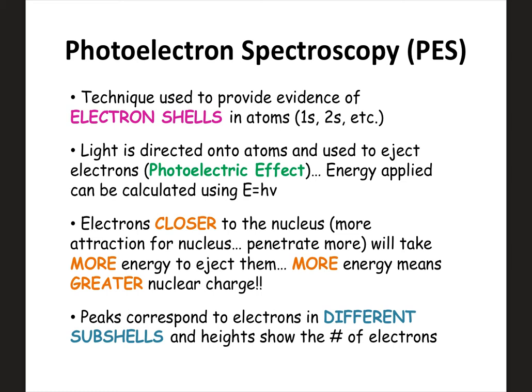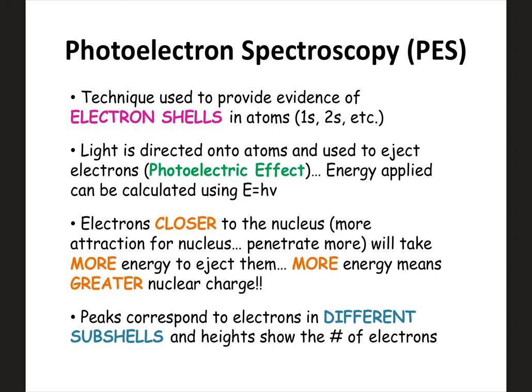Essentially, they're penetrating the nucleus more. If you remember that idea, we said the s electrons penetrate the nucleus more. Well, they have a greater attraction for the nucleus. So electrons that have a greater attraction for the nucleus, that penetrate the nucleus more, that are closer to the nucleus, it's going to take more energy to eject them.